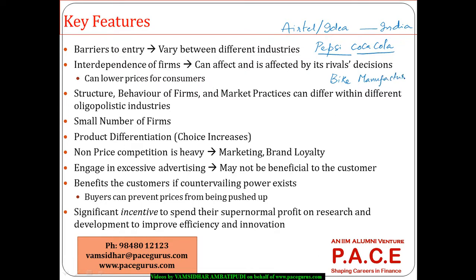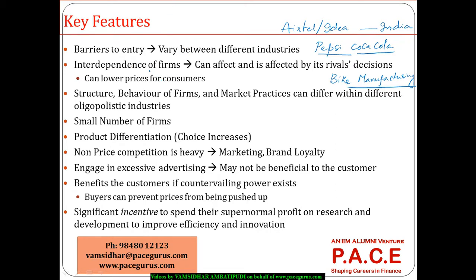All these kinds of businesses, traditionally I treat them as oligopolistic, because what you generally see is that if one of them has initiated a decision, the rivals also will follow suit to a large extent. So it's a kind of business where one company's action can affect the others, and the rivals' actions affect this particular firm also.